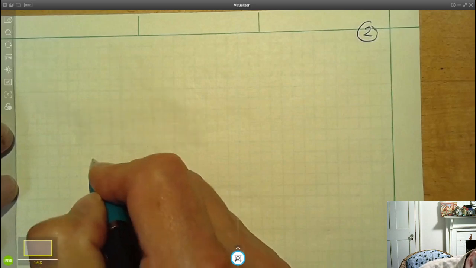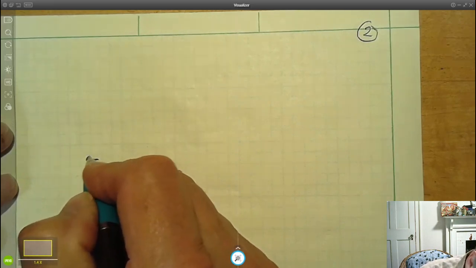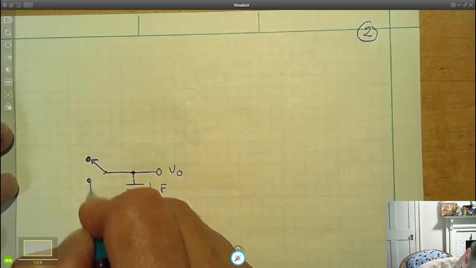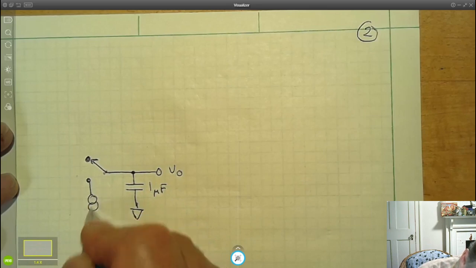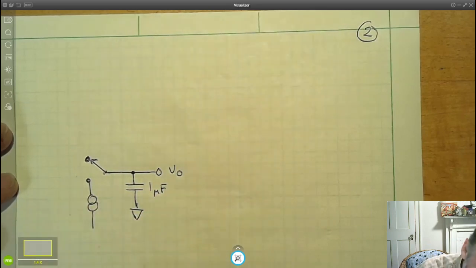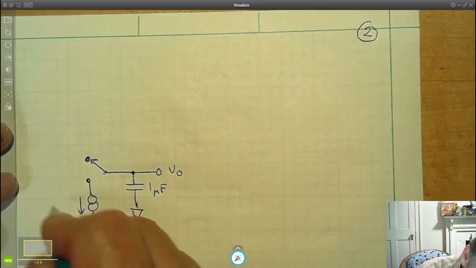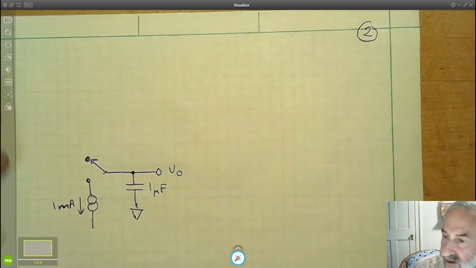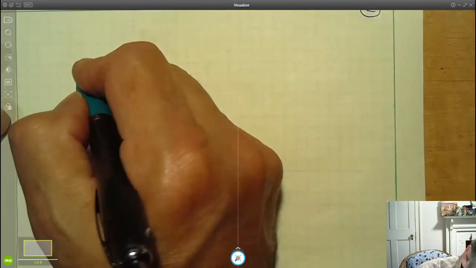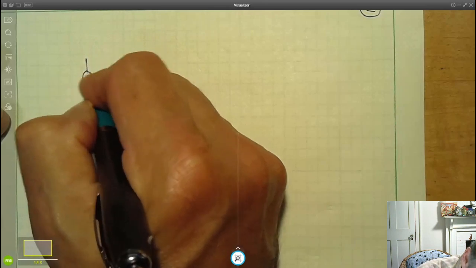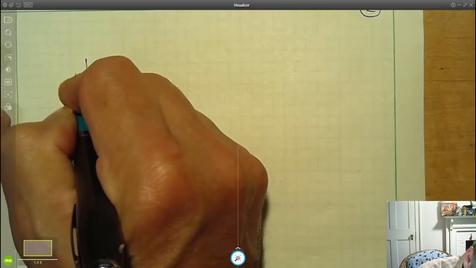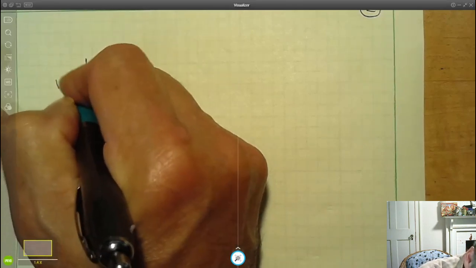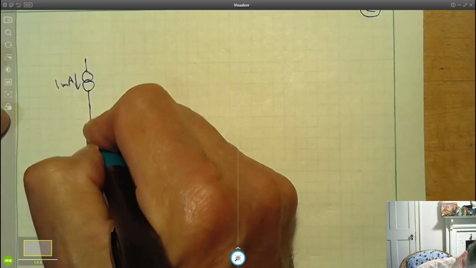And I'm going to use a switch to select between two current sources. This current source is a 1 milliamp current source going down, and I'm going to have a 1 milliamp current source going down in the other direction.